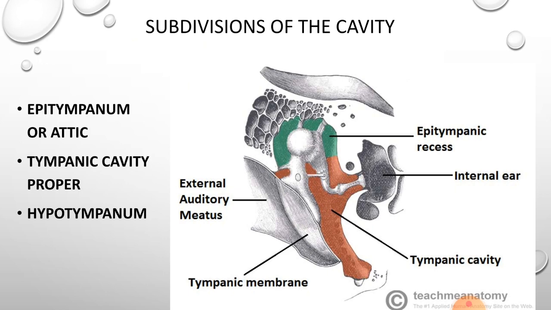Okay, now this cavity is subdivided into three parts. As you can see, there is a portion that is colored green. This is the epitympanum or attic. We call this attic.